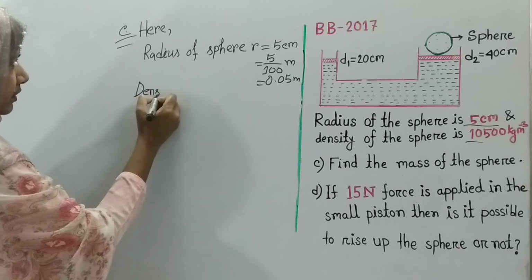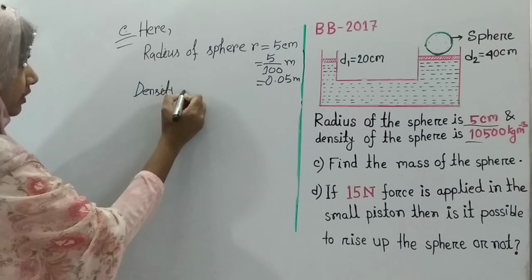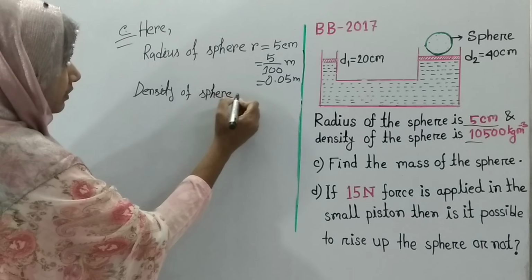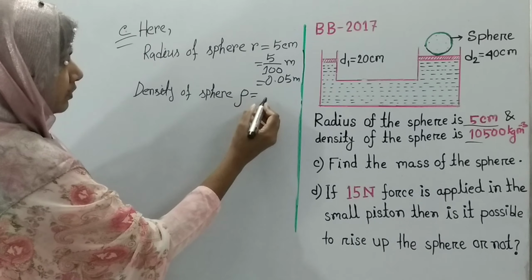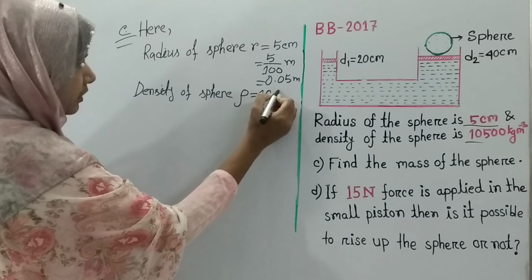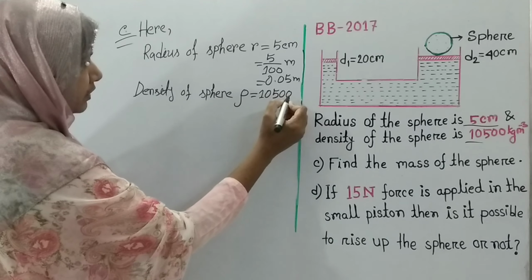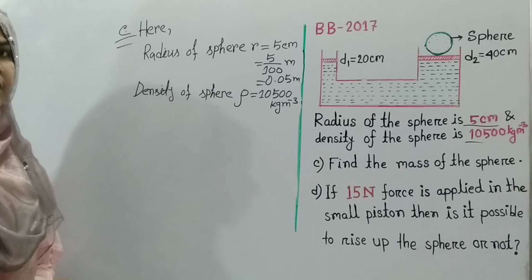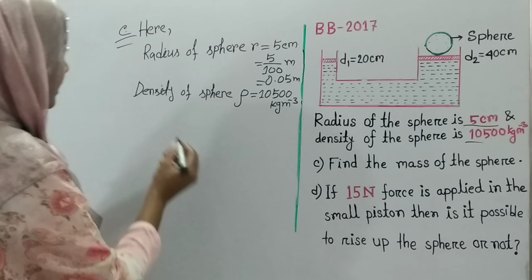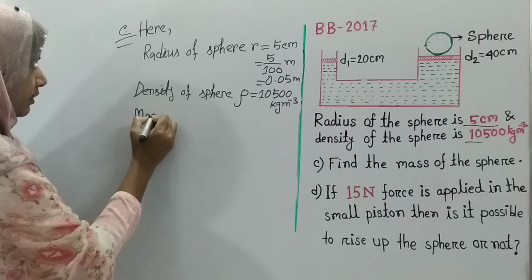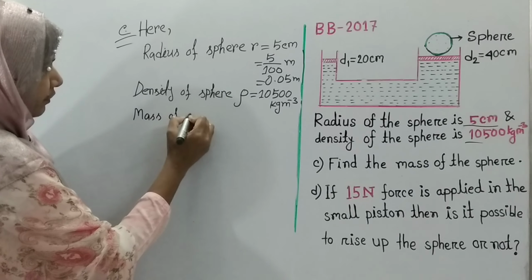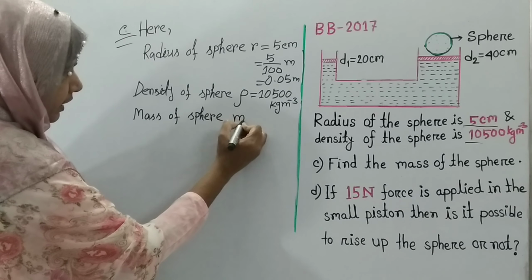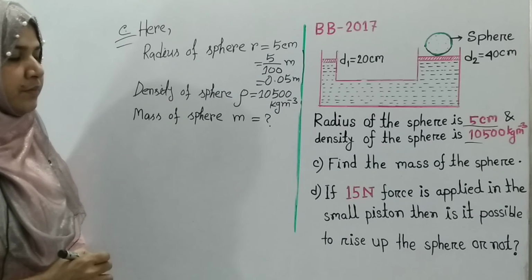Now the density of the sphere, rho equals 10500 kg per meter cube. And we have to identify the mass of the sphere, m equals what?